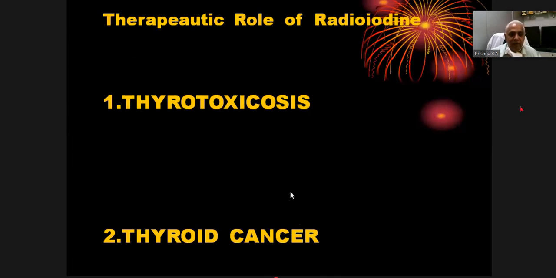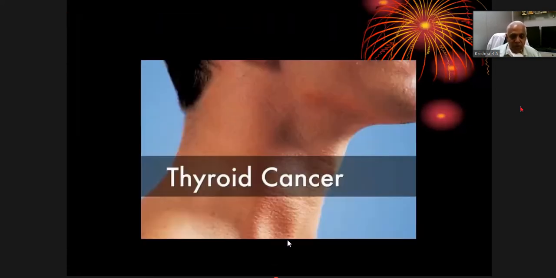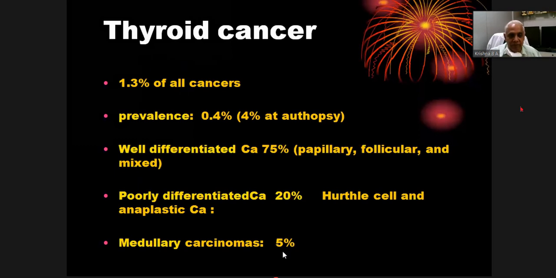Now, today I will be talking to you about thyroid cancer as the main topic and the isotope role. Thyroid cancer, 1.3% of all cancers, prevalence 0.4%, 4% at autopsy.